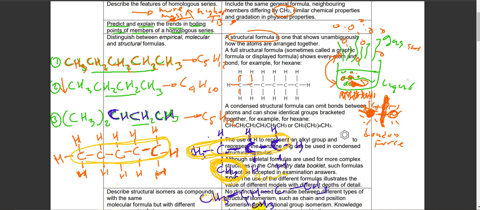But if you imagine this one, the one without branches, there is nothing between these two. For example, I draw the second structure of this compound. There is no carbon between these two, so these two can get closer together. So a branch in a structure will be a barrier for these molecules to get closer.